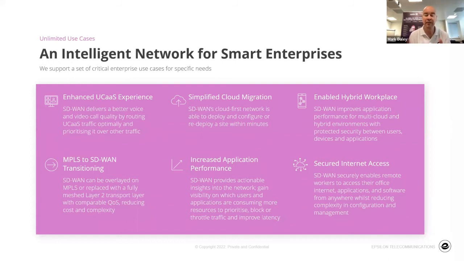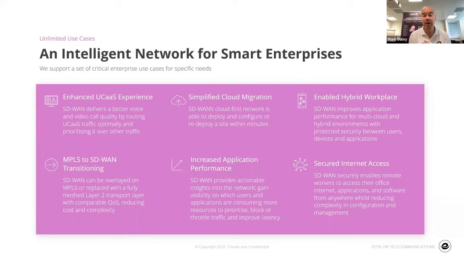So you might have a UCaaS stack that simply needs to get an uplift in performance and quality enabled by the network. You might want to prioritize the UCaaS traffic over other traffic, or even have packet repair done in real time when you do experience poor network performance. So, you know, packet replication, packet repair, all these really awesome things that SD-WAN can do for you.